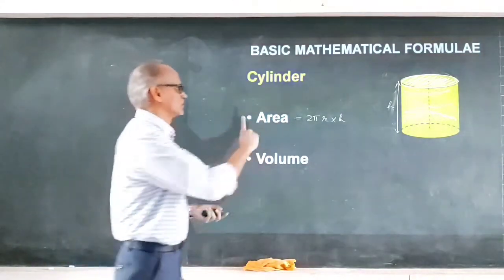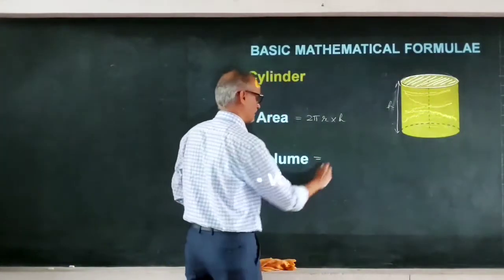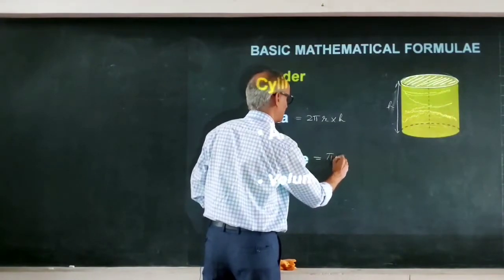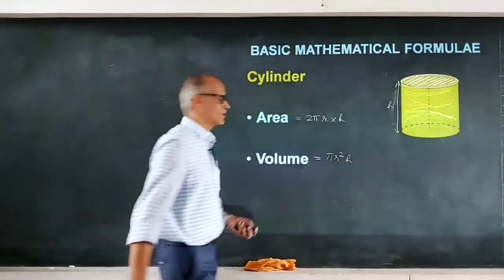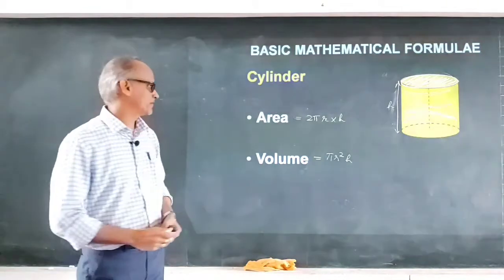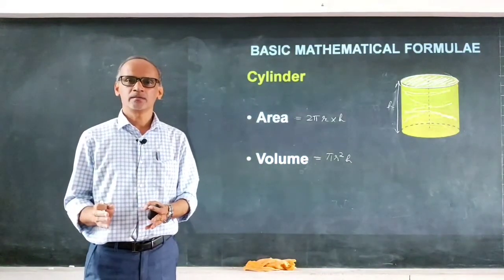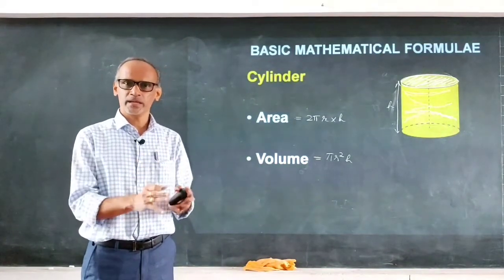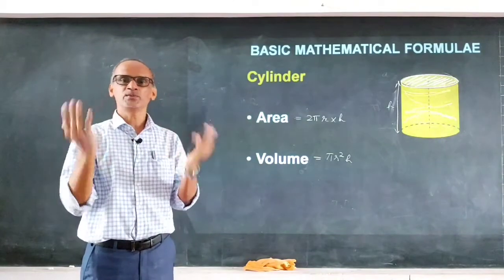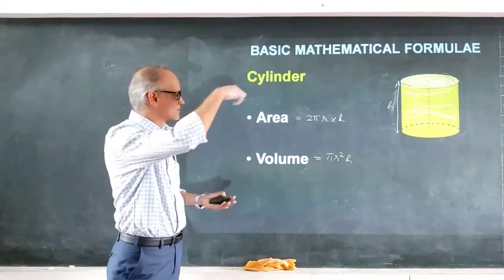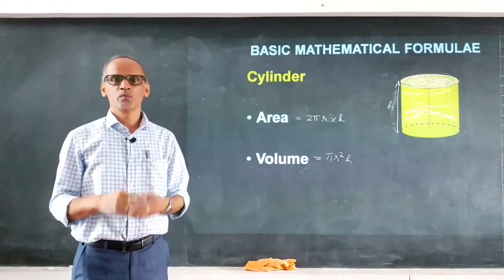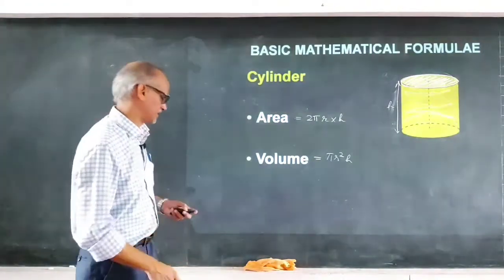And the volume formula which I had given is pi r square into h. Okay, so hope there is no confusion. 2 pi r into h is the area, circumference into the height, whereas pi r square into h will give you the volume of the cylinder.